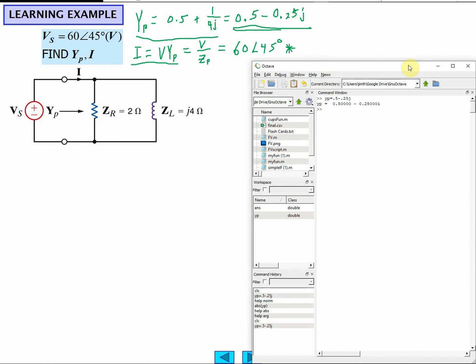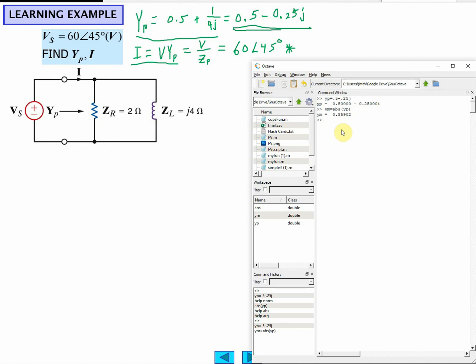Now I want the phase angle and the magnitude of YP. So I'm going to go YM for Y magnitude equals the absolute value of YP. The same absolute value function works for real and imaginary numbers. 0.559.